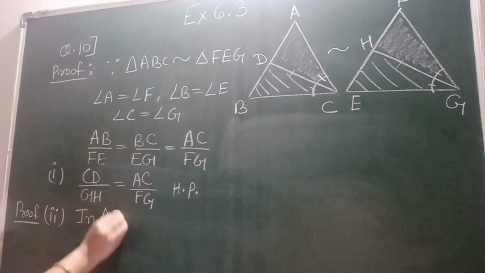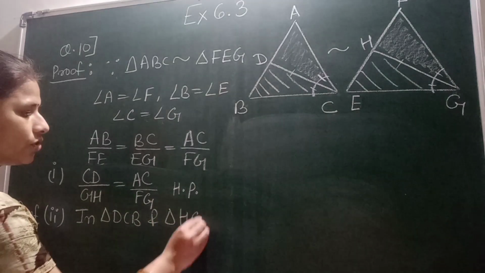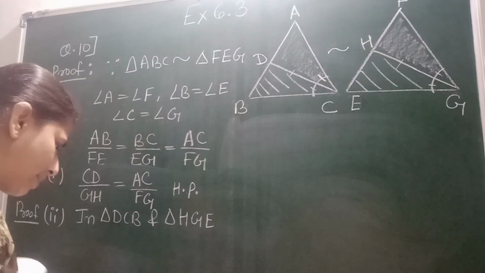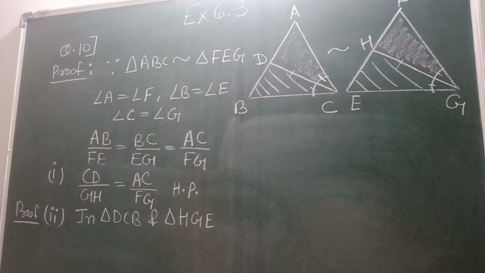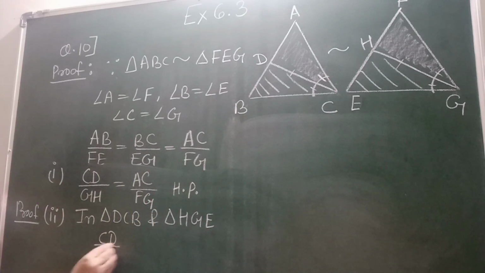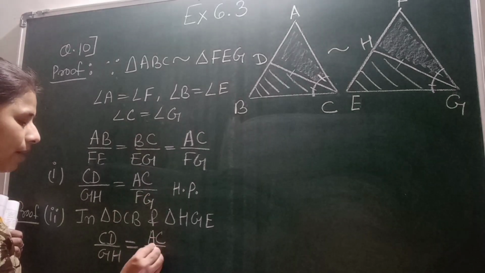In triangle DCB and triangle HGE, for proving both the triangles similar, we can prove AA similarity or we can prove SAS. Which will we take? As we proved in the first part, CD upon GH is equal to AC upon FG.